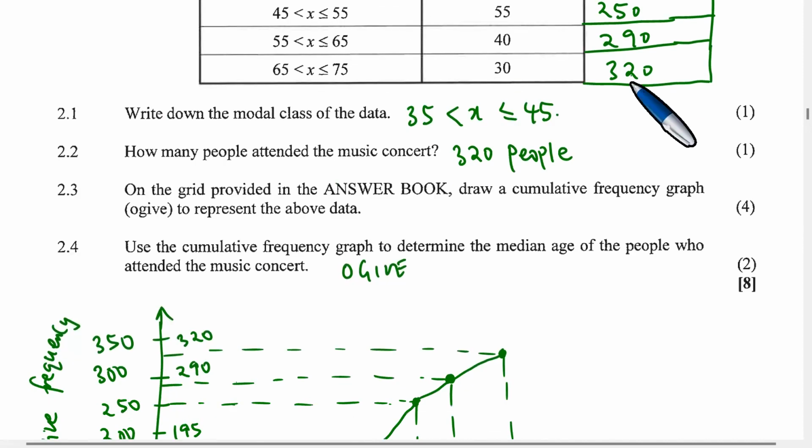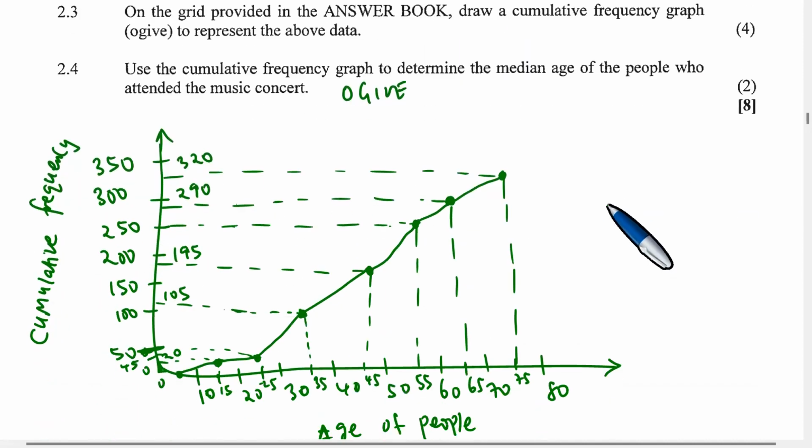Half of 320 is approximately 160. So you're going to cut just above 150, and you draw like this, like so.